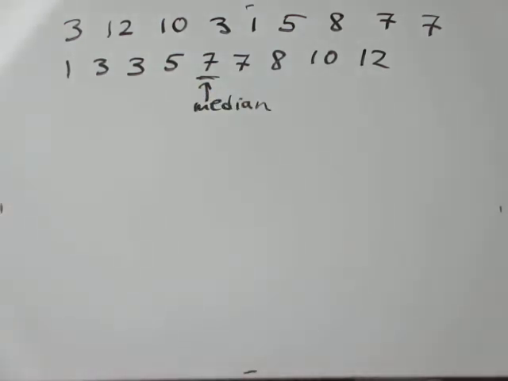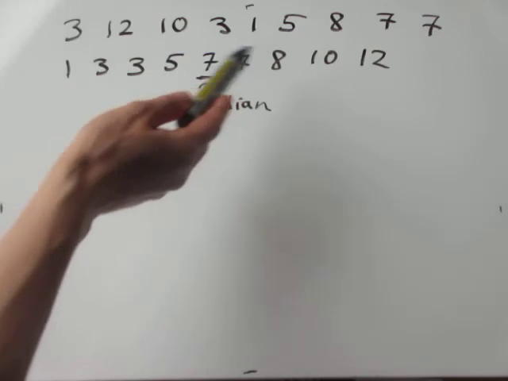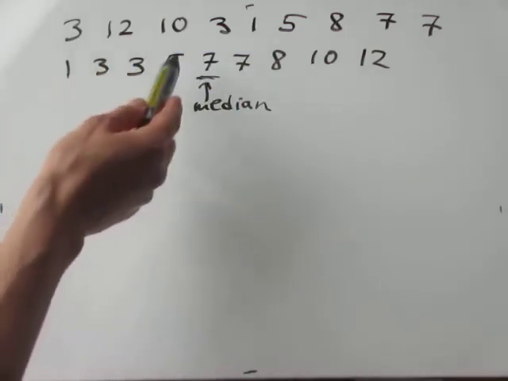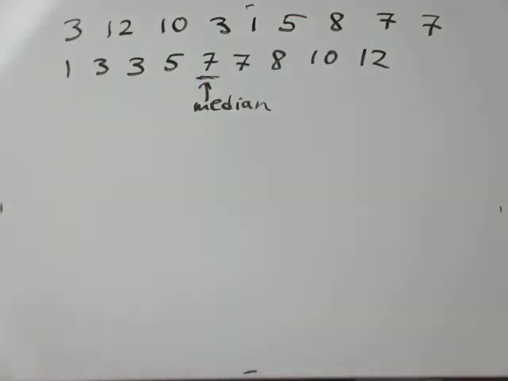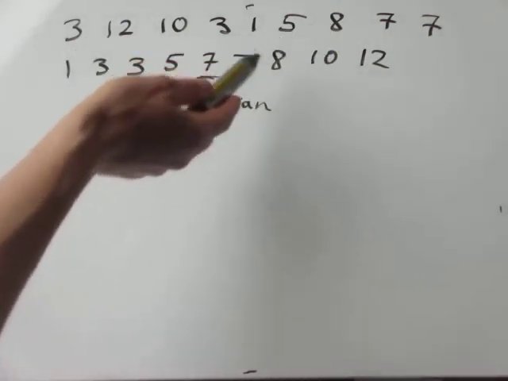What we will do now is, we can say the median cuts the data set in 2 parts. We can call this the lower part and this the upper part. And now we will also look at the median of the lower part and the median of the upper part.